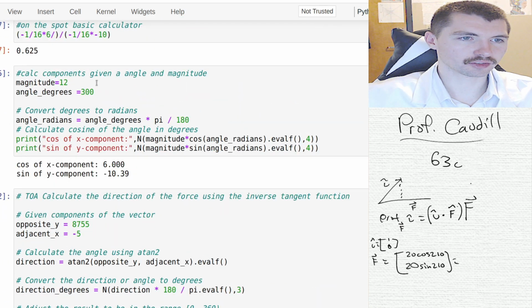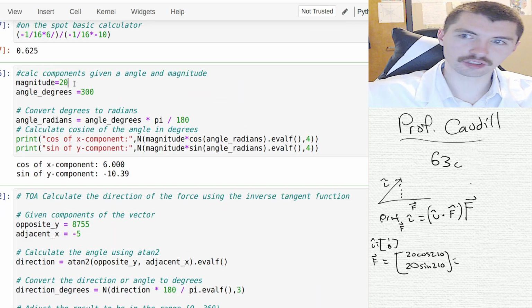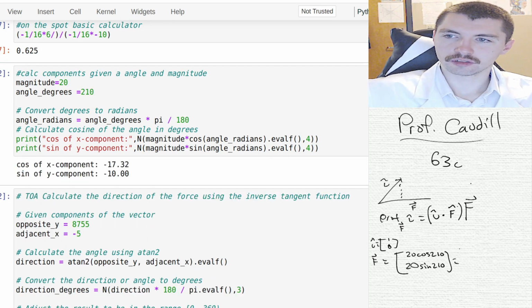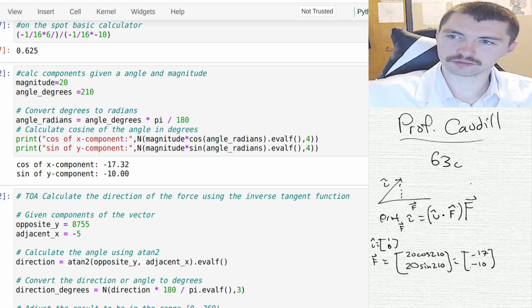So that is negative 17, negative 10. Okay.